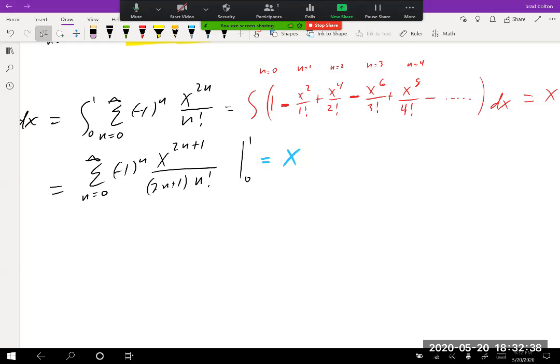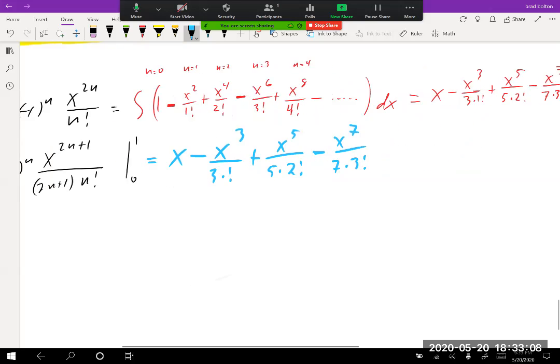Then let's plug in 1. That would be minus x to the 3rd over 3 times 1 factorial. Let's plug in 2. That would be positive x to the 5th over 5 times 2 factorial minus x to the 7th over 7 times 3 factorial.